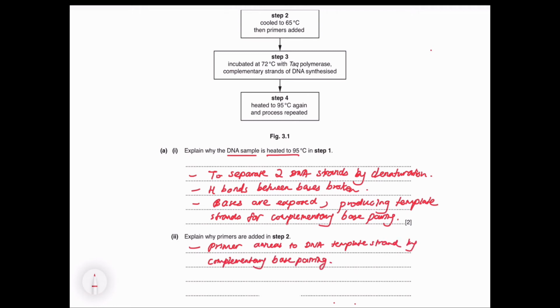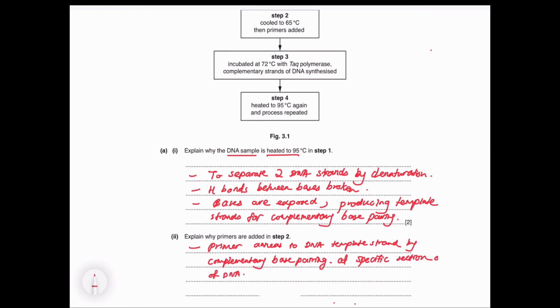This is not really the role, but they award you for knowing that a primer is a short fragment of single-stranded DNA, therefore able to bind to the template strand by complementary base pairing. And this is very specific, at a specific section of DNA that you would want to amplify.